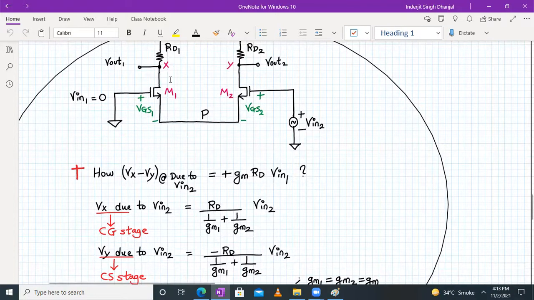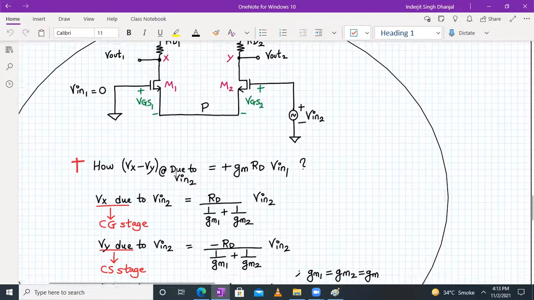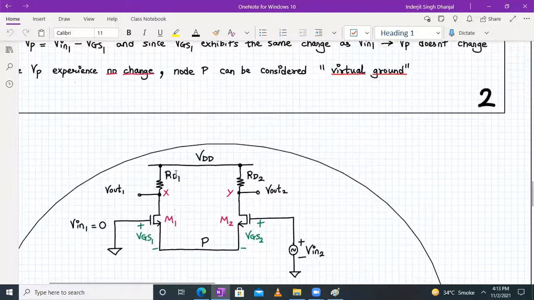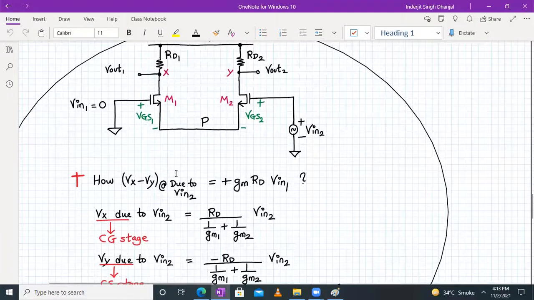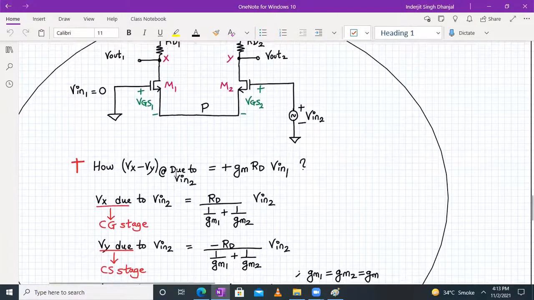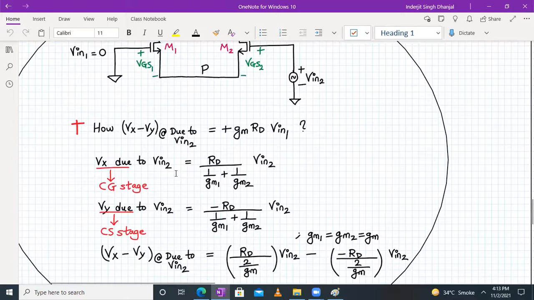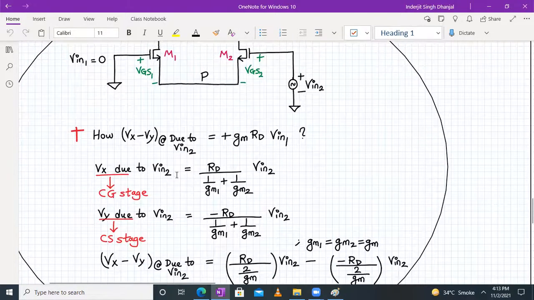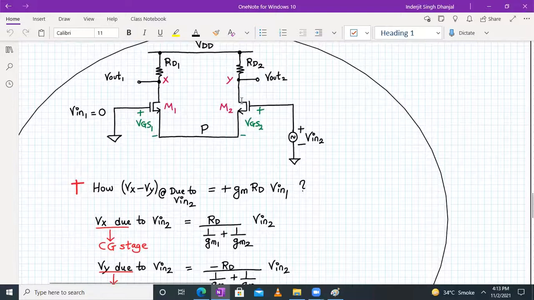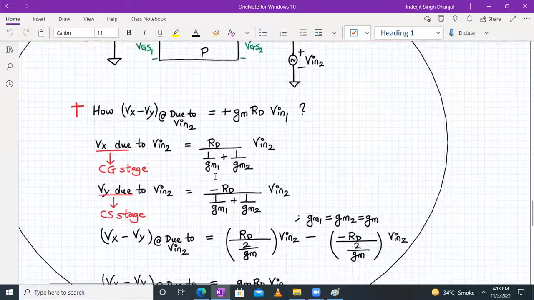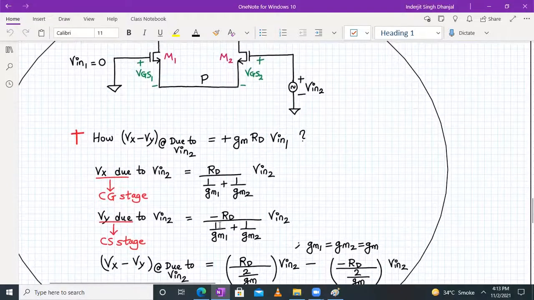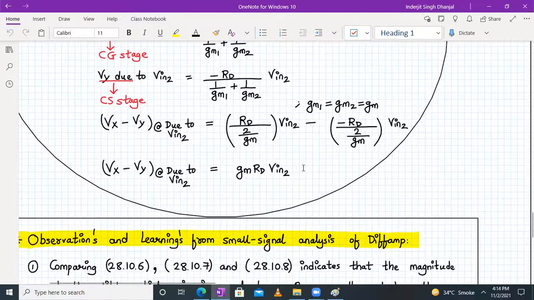Vx is coming from the M1 transistor forming a common gate stage, whereas the M2 transistor causes the common source gain effect. With RD2 and M2, it forms a common source amplifier. So the gain will be minus RD divided by 1 upon gm1 plus 1 upon gm2 into Vin2. These are the two formulas we got.